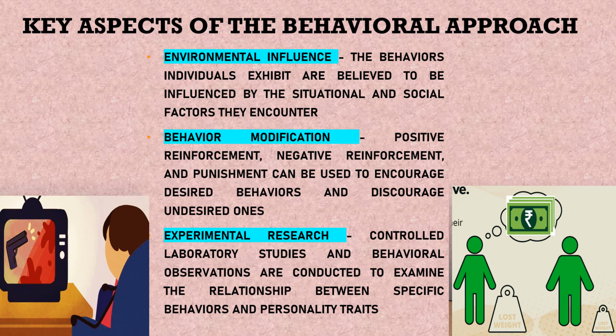Behavior modification strategies aim to modify the personality traits by altering the underlying behaviors. For example, a weight loss program offering a financial incentive for reaching weight loss goals to motivate the participants to engage in healthier behavior. A study has shown that people who were offered incentives lose more weight than those who were not offered incentives.